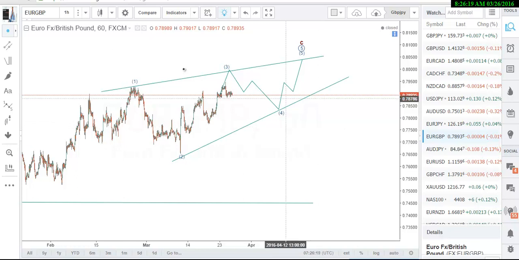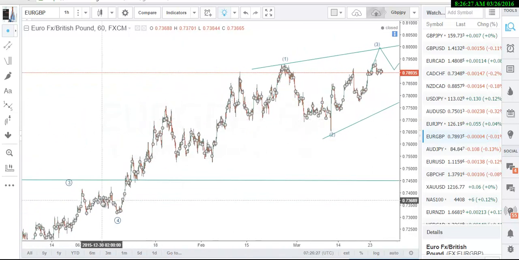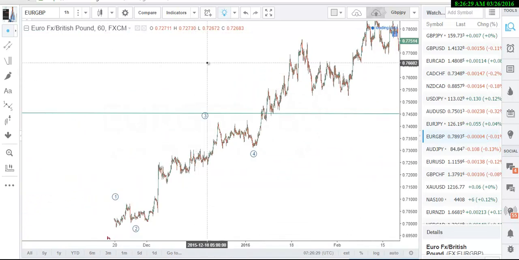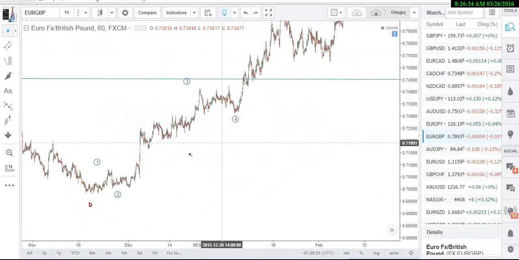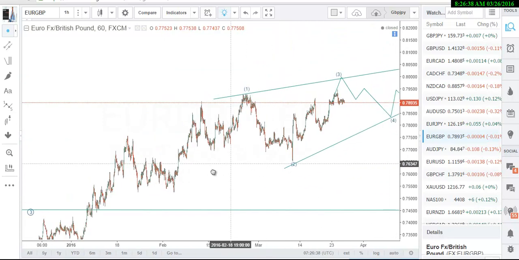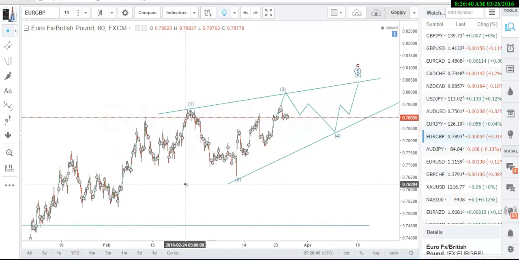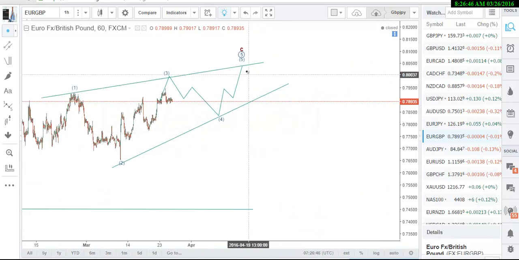But right now, this is what we want to see: 1 2 3 4 5 ending diagonal, because the 5th wave has already been extended so much. Look at the other waves, wave 1, wave 2, wave 3, wave 4. The 5th has been seriously extended. So we're going to be expecting it to end with an ending diagonal 1 2 3 4 5 before we now see a dip.